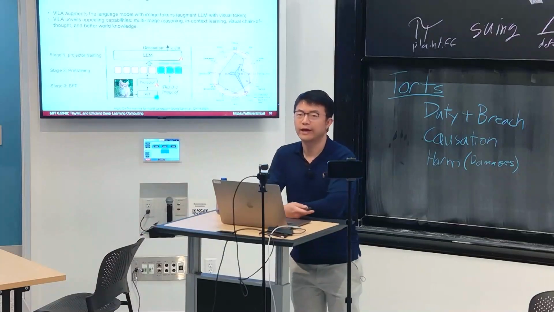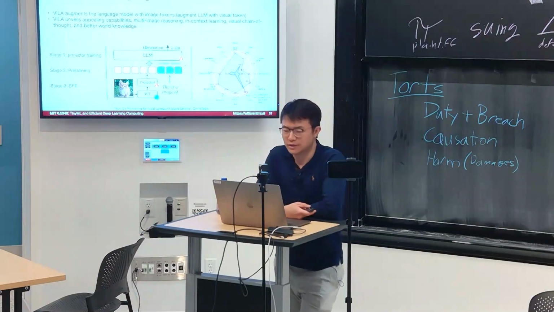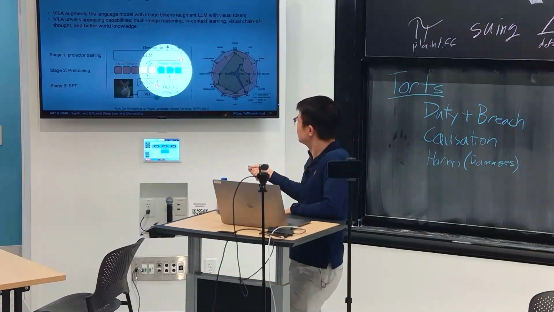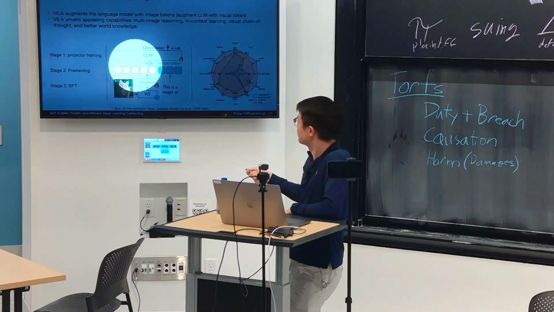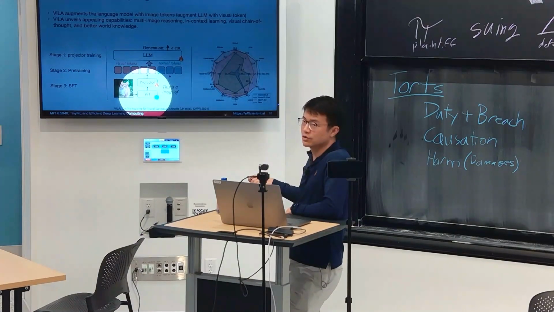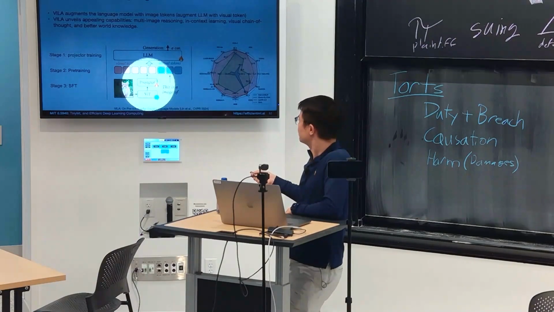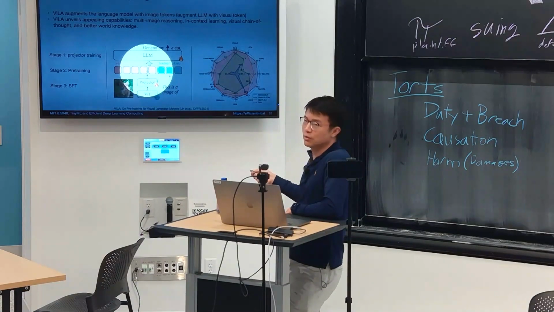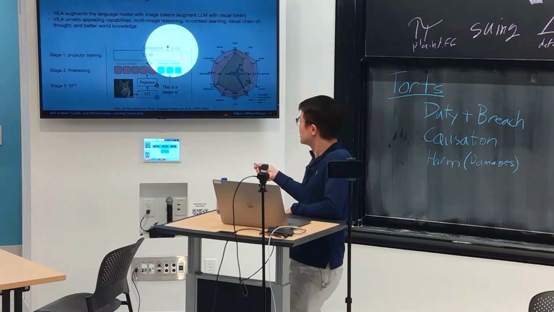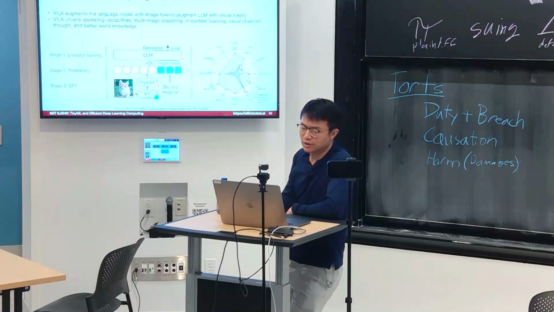And a special case would be treating language models in this way. Here we have both language tokens in blue and also visual tokens in red. The visual token is obtained by feeding this image into a vision transformer, which we are going to talk about next Thursday, and then passing it through a projector to project from the ViT domain to the language model domain, and then concatenating the tokens together, feeding them to the large language model, and finally generating the output token.